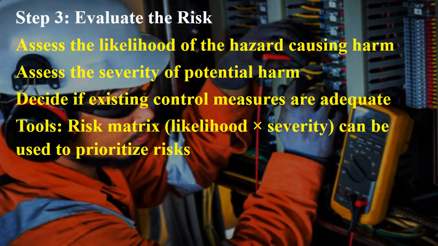A risk matrix is basically a classification of all the hazards at different levels: high level risk, low level risk, intermediate, and it can be used to prioritize the risk. So once you identify the hazard, we also associate it with the level of risk involved.